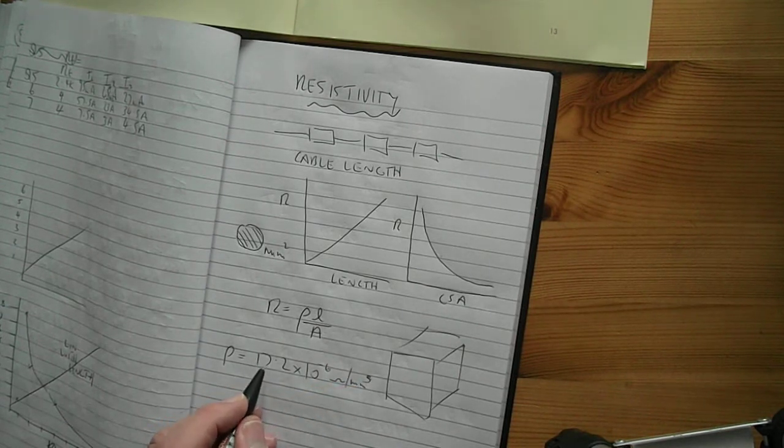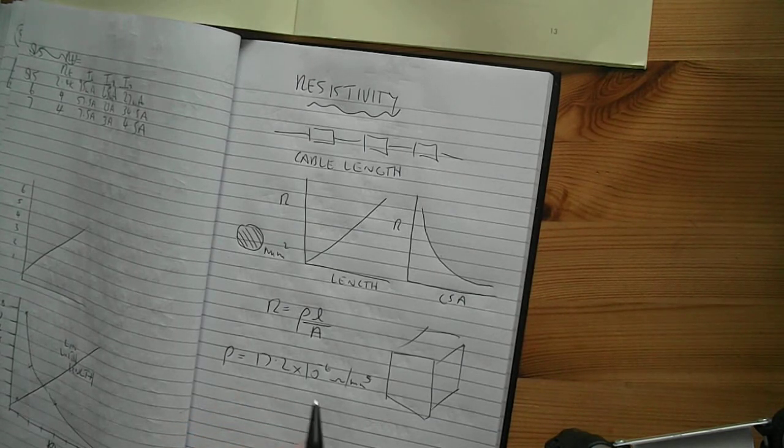If you Google that figure, you'll get lots of different figures, but they're all approximately around that. The figure that the course is expecting you to use is 17.2 times 10 to the minus 6, and that's normally given in exam questions. You don't normally have to remember that.